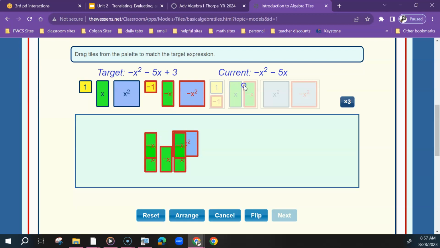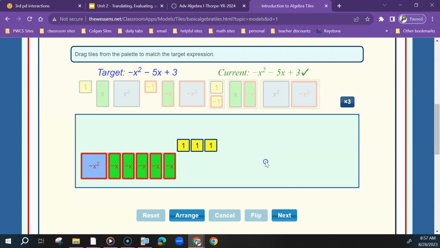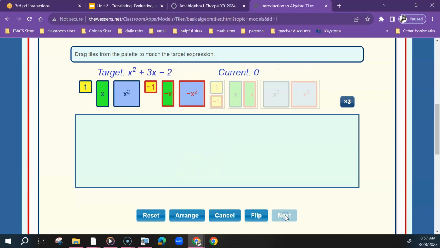And then positive 3. Sandra? 3 positive ones. Right? And notice that they're putting it in that order that we talked about. Right, let's do a couple more of these and then go on to something else. How would we model each part of this?